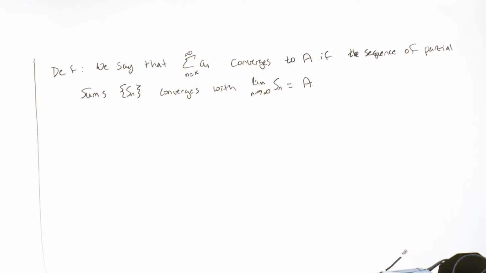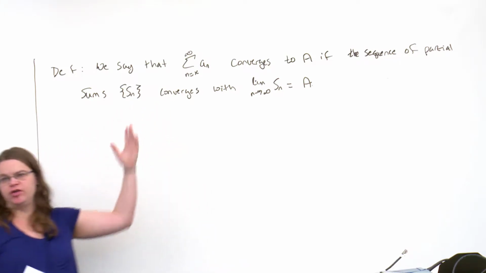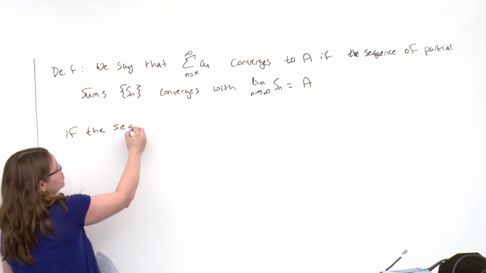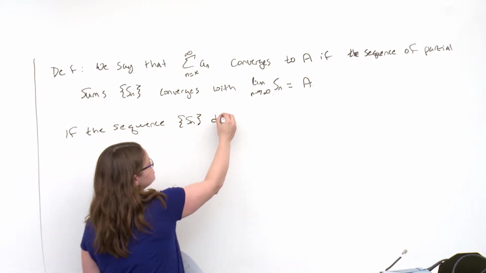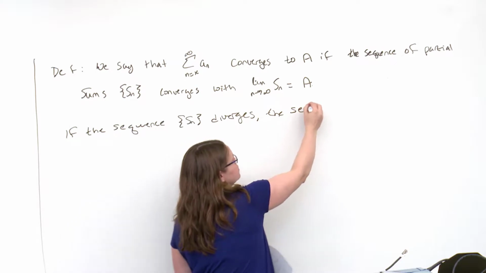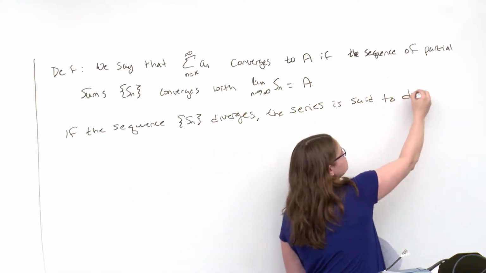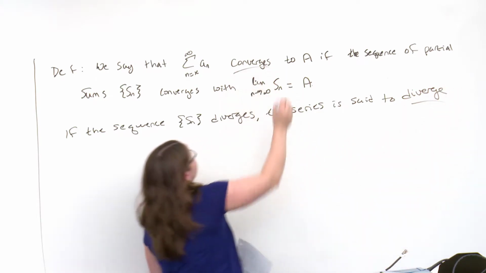And then, of course, if this sequence of partial sums diverges, we'll say that the series diverges. So if the sequence S_n diverges, the series diverges. Okay, so we have convergence and we have divergence.